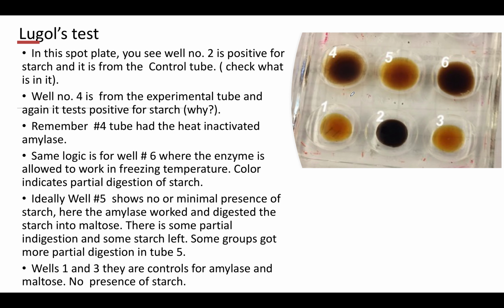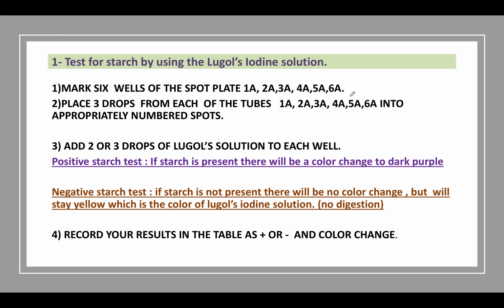3 drops of 2A in here, 3 drops of 4A. And then we're going to add 2 or 3 drops of the iodine solution, called the IKI solution. It has iodine in it, and it tests for the presence of starch. If there is starch, then it turns very dark blue, blackish, kind of very dark purple.